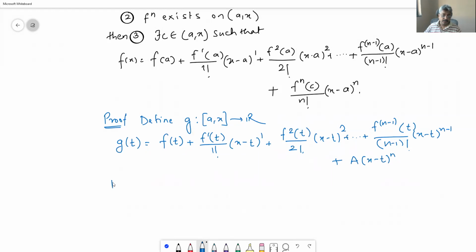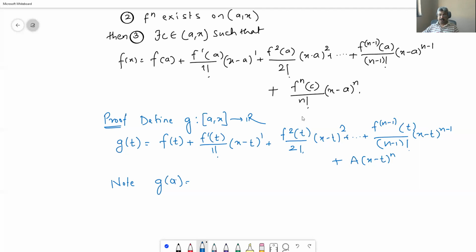Note g of a is equal to f of a plus f dash of a upon 1 factorial times x minus a. It is exactly similar to f of x, except this constant.